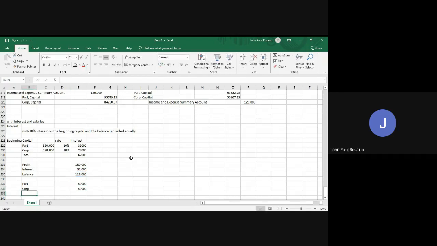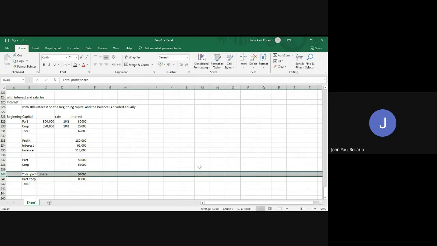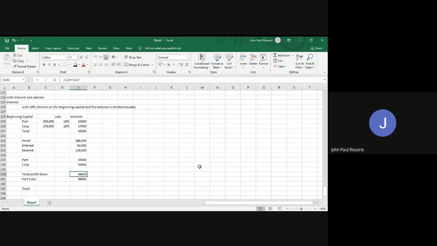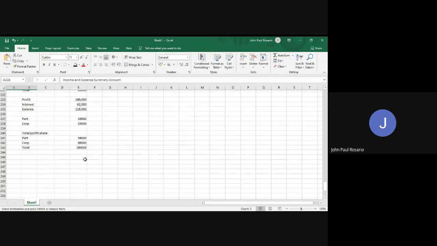So the total profit share of Part and Corp is 35,000 for Part plus 59,000, while for Corp it is 27,000 plus 59,000. So if we total them, it should equal 180. So, 180.